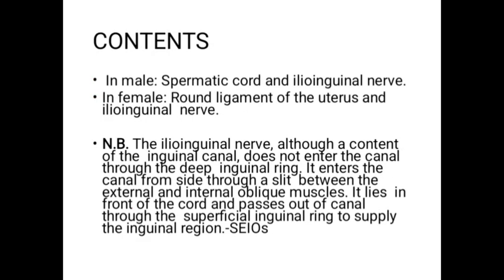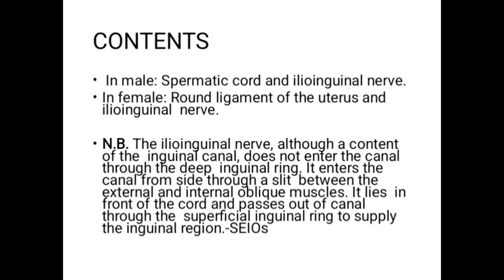Now, for the next thing, the contents. As we said, ABC, all I need to know: boundaries, content, clinical correlation. The content in males is the spermatic cord and the ilioinguinal nerve, while in females it is the round ligament of the uterus and the ilioinguinal nerve.